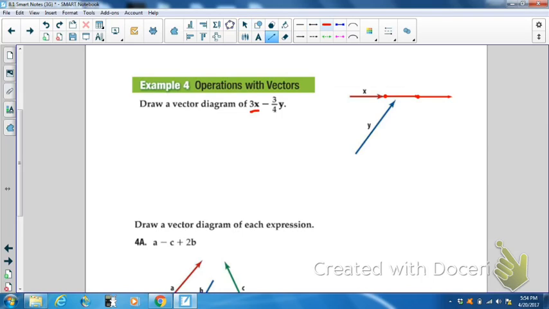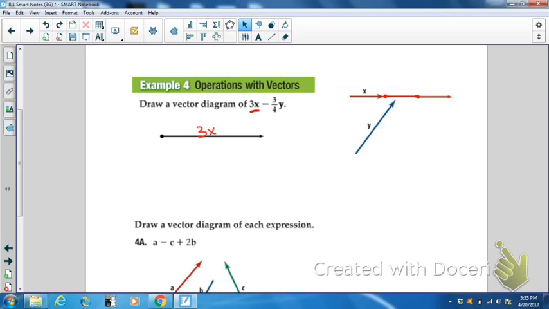And what you would probably do is measure x, and then you just take that measurement and multiply by 3. So this one is actually 3x now.